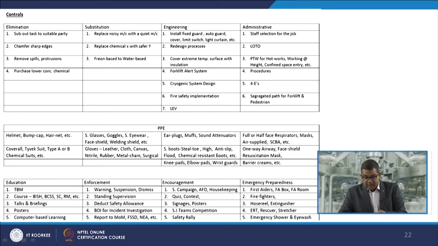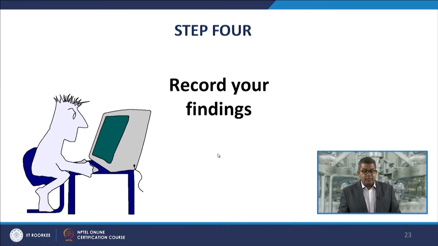Then the administrative protocols suggest that they must encourage the use of all these things with the help of quizzes, contests, different types of signages, posters, etc. Then, based on the safety reviews and past practice, considering how your system is prepared for emergency, you must train all those workers for things like first aid boxes, first aid rooms, firefighting, etc. So in the broad spectrum, you can design and learn from these types of tables.